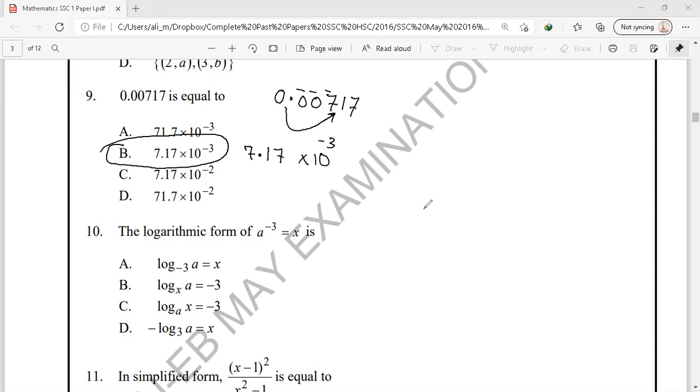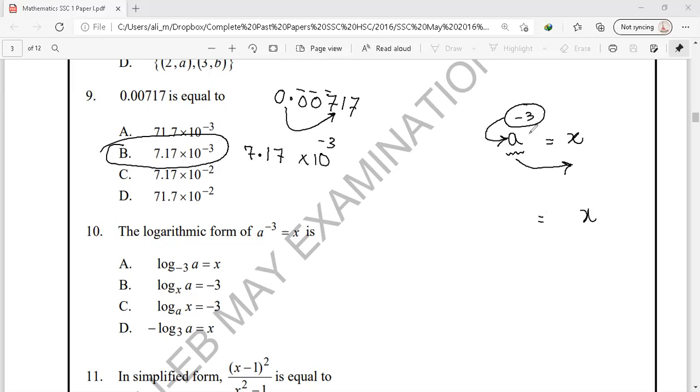Next we have question number 10, in which an exponential form is given: a raised to the power minus 3 is equal to x. We have to convert this into logarithmic form. For the logarithmic form, the power is shifted to the other side, and the base of the exponential becomes the base of the log.